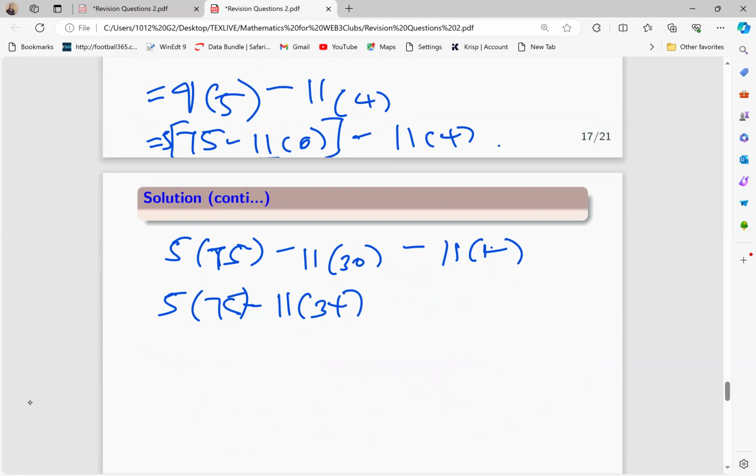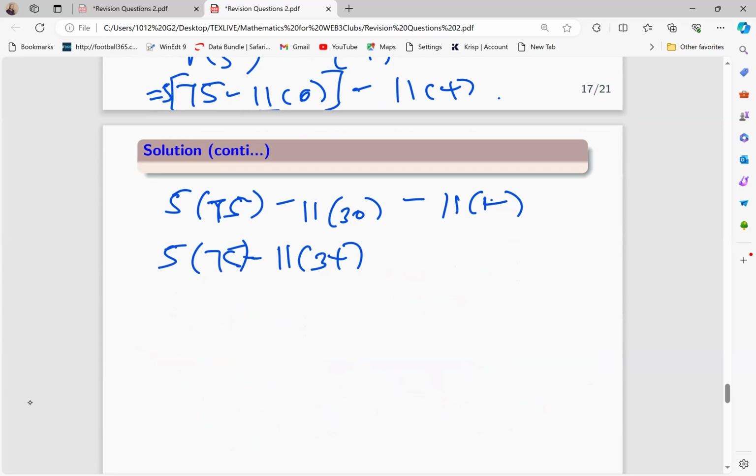What's the remainder? One is the remainder. What is the remainder? 1 is the remainder, which means it's true that that is the inverse. Because 1 is the inverse.